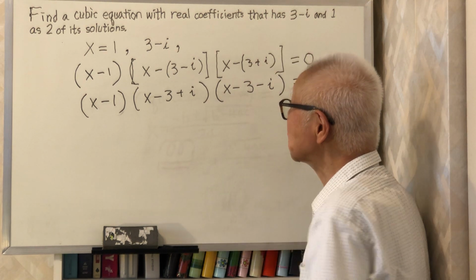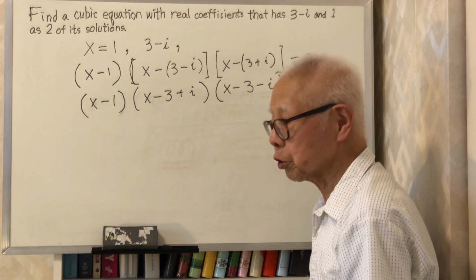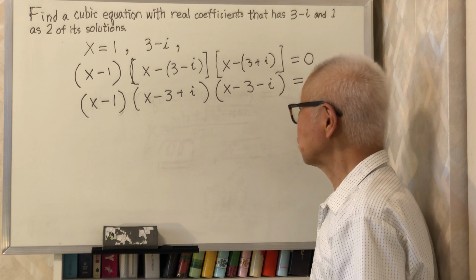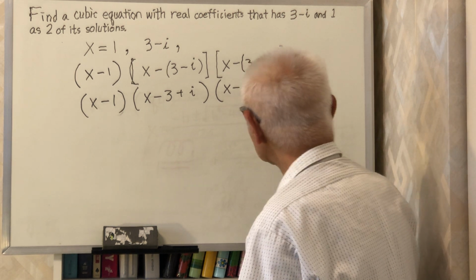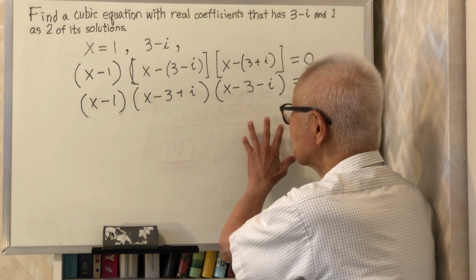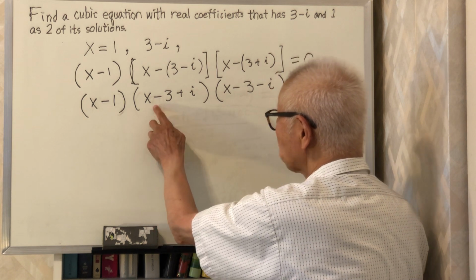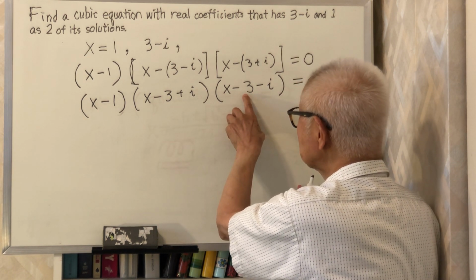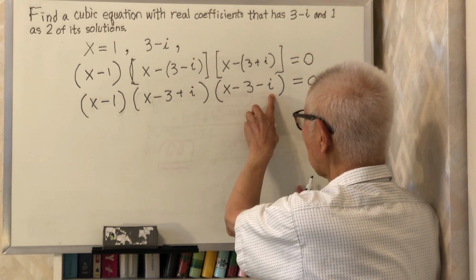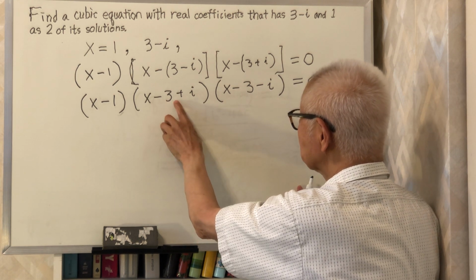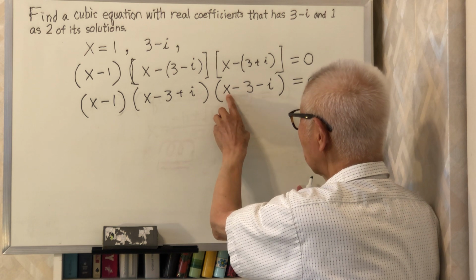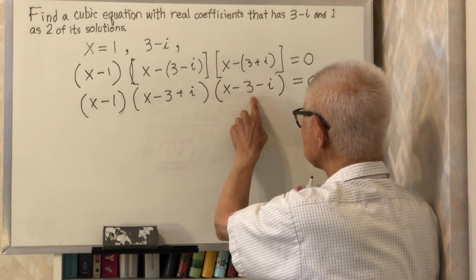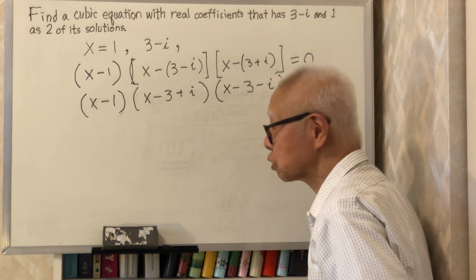Just to expand this, I have the answer, cubic equation. So how do you expand that? You can multiply these two first and then multiply that. So x times x, x times minus 3, x times minus i, and then minus 3 times x, minus 3 times minus 3, and so on and so forth.